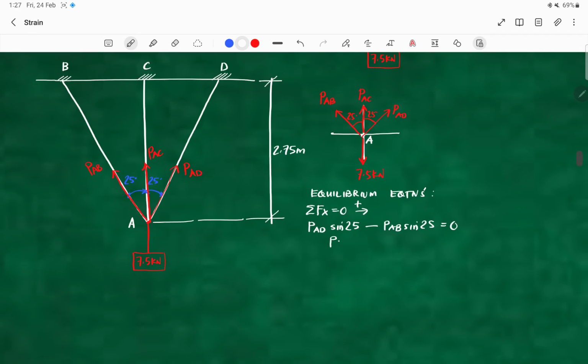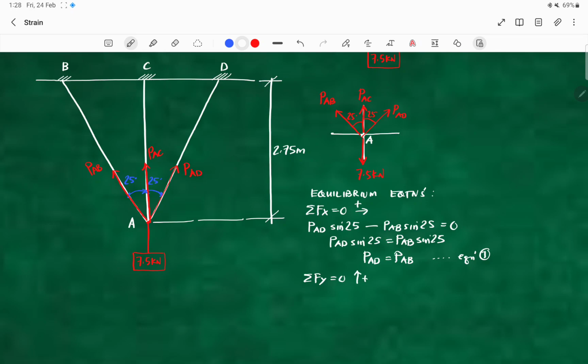So, bali dito, meron tayong force ED na sine 25, which is equivalent to force AB na sine 25. Parang, tinranspose ko lang, no? So, cancel out yung sine 25. So, yung force ED pala is equivalent to force AB. Okay? So, sabihin natin this is our equation 1.